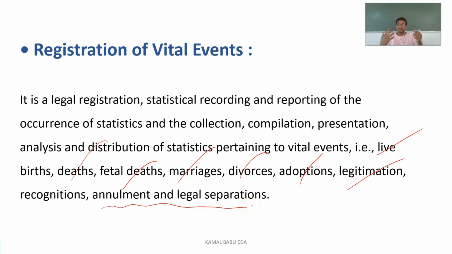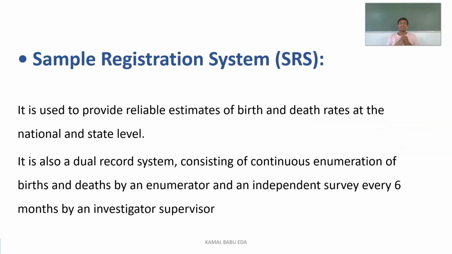Legal registration means statistical recording and reporting of the occurrence of vital events, and the collection, compilation, presentation, analysis and distribution of statistics pertaining to the vital events, such as deaths, births, fetal deaths and marriages. These have to be recorded and reported.